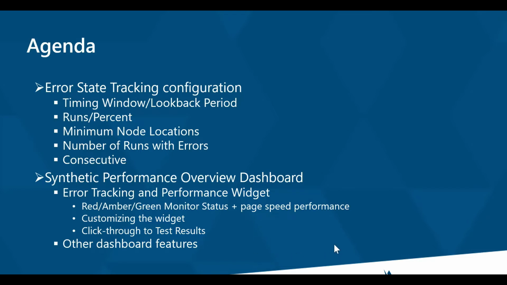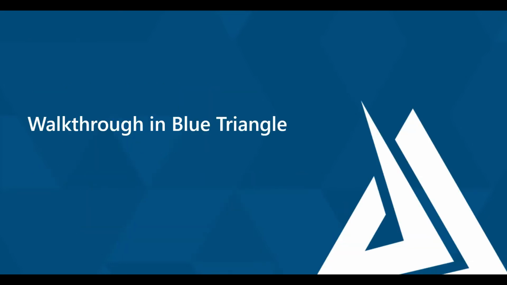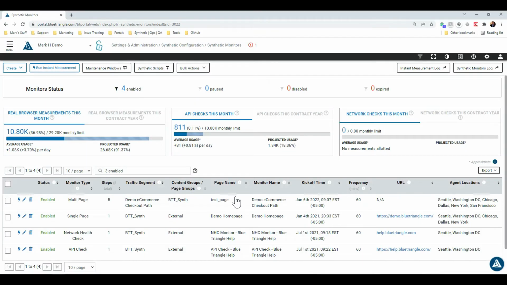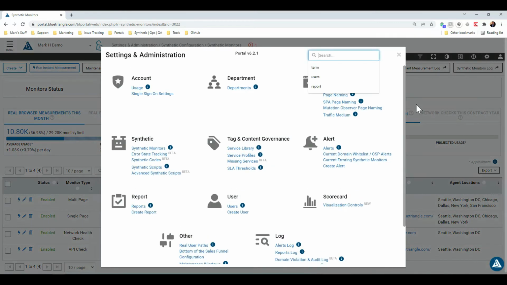What I'm going to do now is jump right into Blue Triangle, and we're going to walk through these things. So let me open up Blue Triangle here. All right. So right now I'm on the synthetic monitor configuration or management page, and you can get there a couple of ways. In the settings menu, there is a synthetic section, and you can click synthetic monitors.